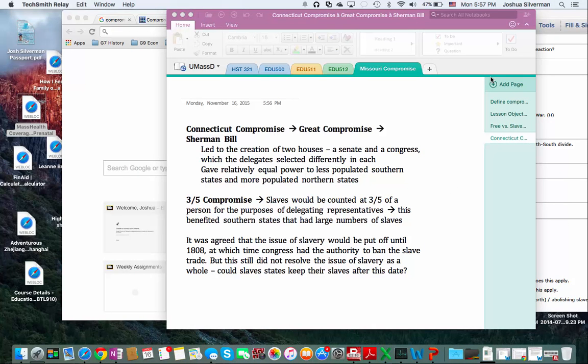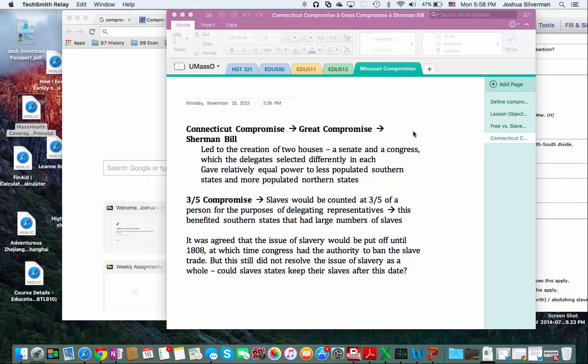Now, the Missouri Compromise was not the first compromise between northern and southern states. Initially, in the drafting of the Constitution, our founding fathers had to decide, well, how do we split control between states that are in favor of slavery or states that are anti-slavery, as well as other concerns? One of these first compromises we see is the Connecticut Compromise, also known as our Great Compromise or the Sherman Bill, which created two houses for our Congress.